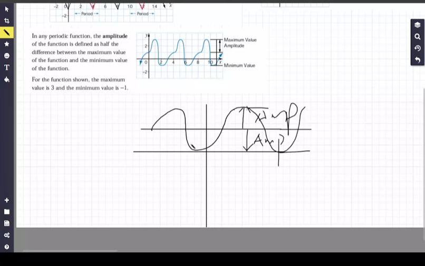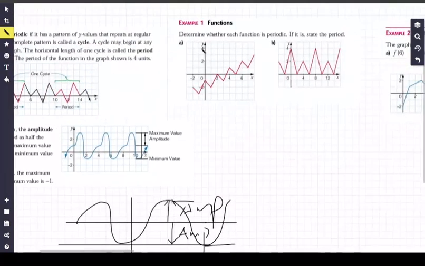Then we divide that by 2 to find the middle number, and we can see the axis. From the axis, we count 2 units up, so for this function, the amplitude is 2 units.